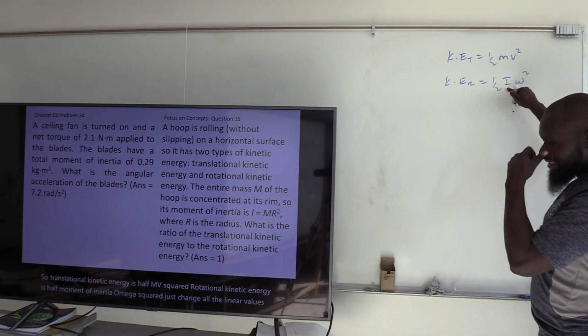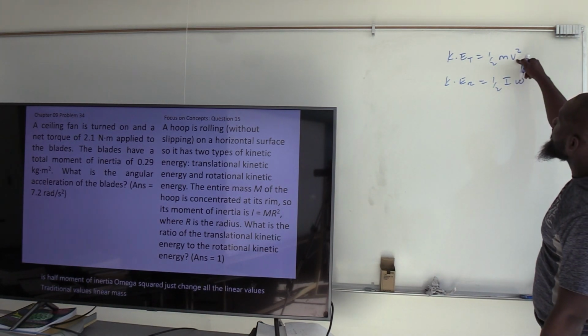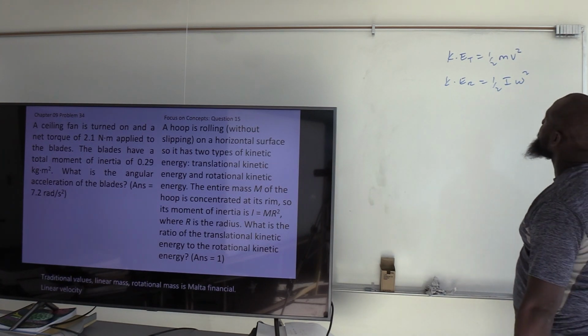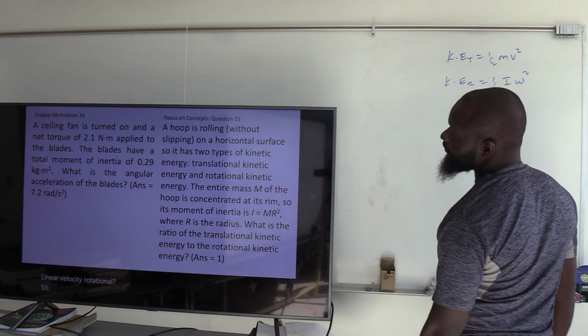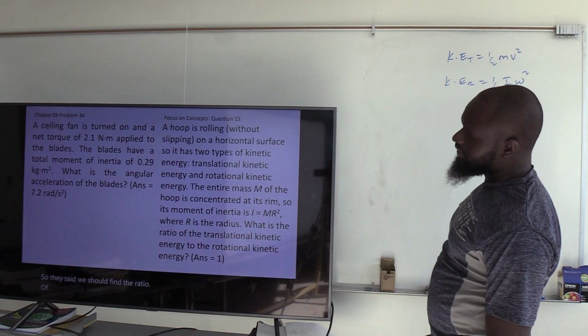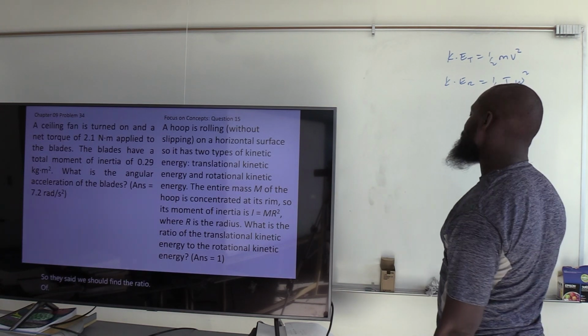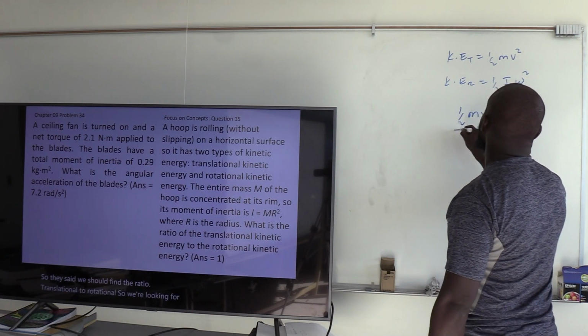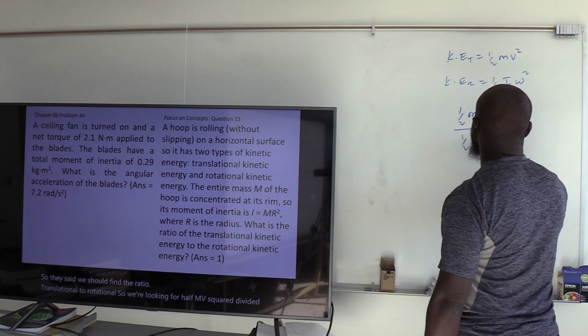Linear mass, rotational mass is moment of inertia. Linear velocity, rotational or angular velocity is omega. That's it. So they say we should find the ratio of translational to rotational. So we're looking for half mv squared divided by half I omega squared.